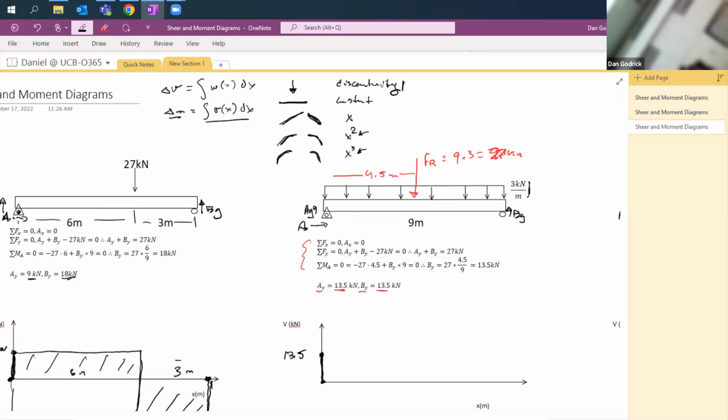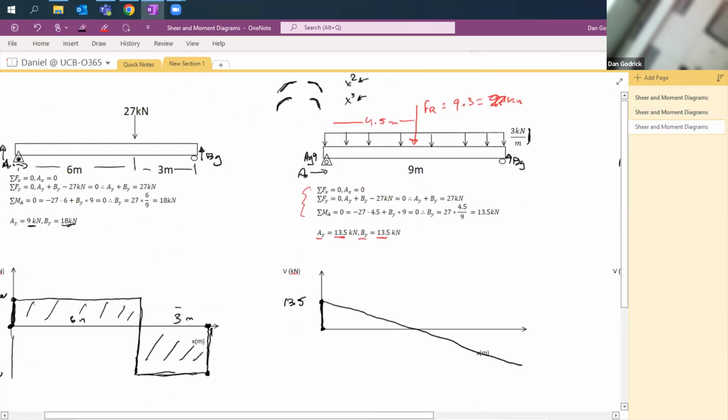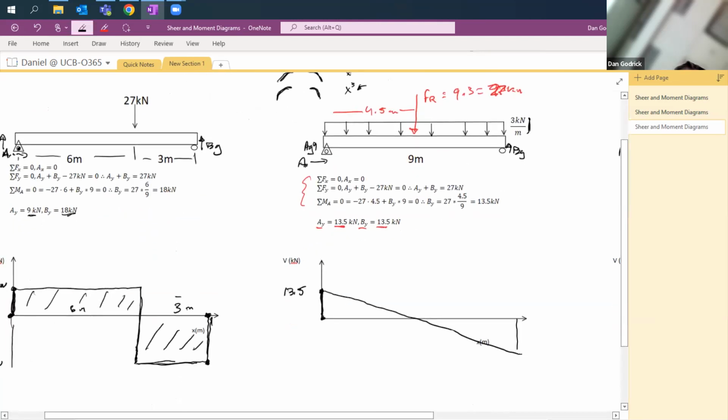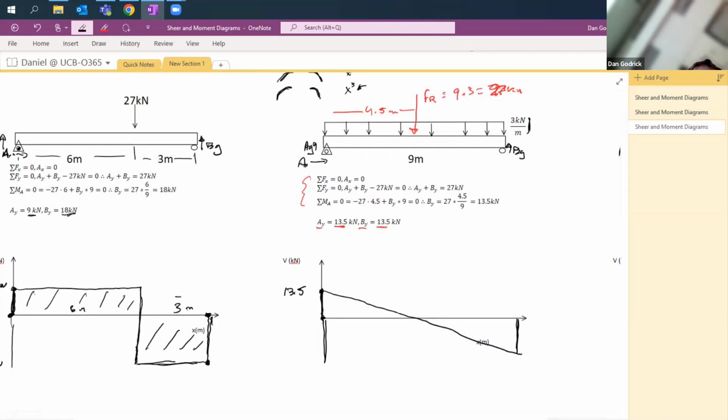Then we go down linearly till we hit BY, and we're expecting this to be minus 13.5. Because BY is 13.5, it brings us back to 0.